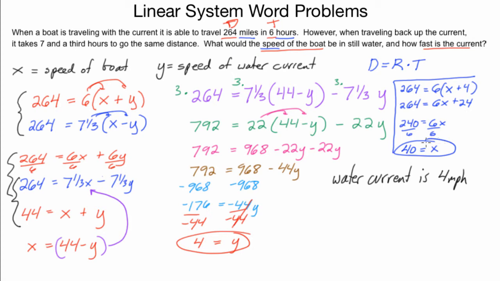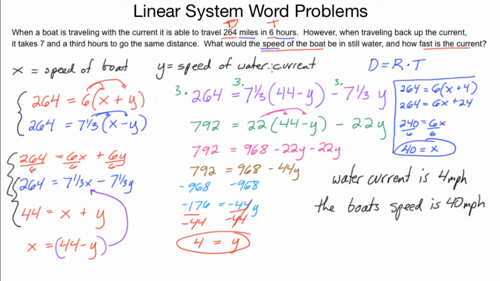All right, so I squeezed it in there, but x is 40, 40 be the speed of the boat, which is 40 miles per hour. So the boat speed in still water is 40 miles per hour.